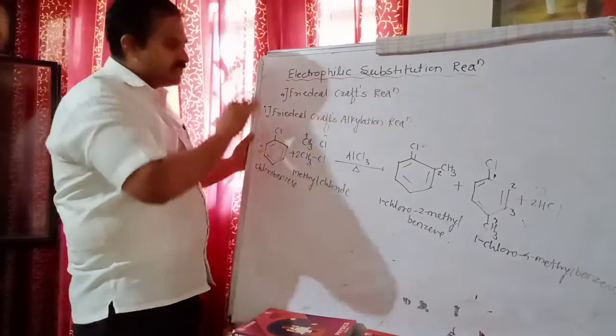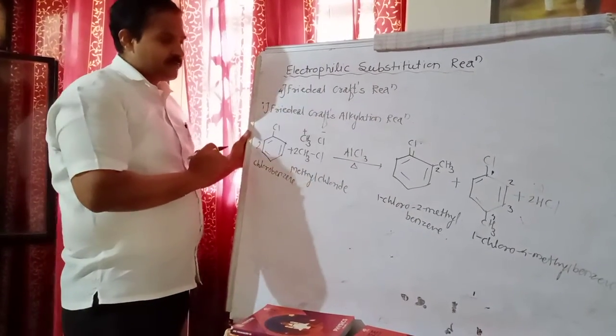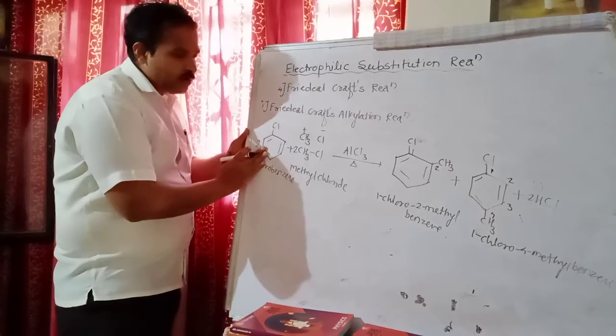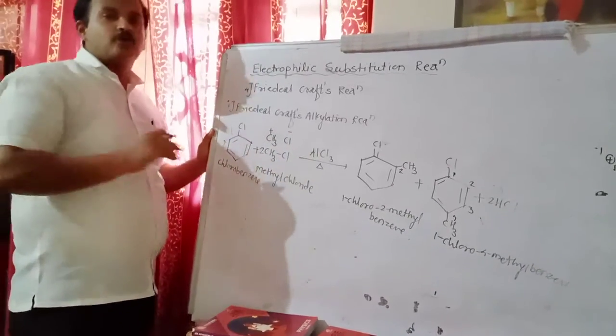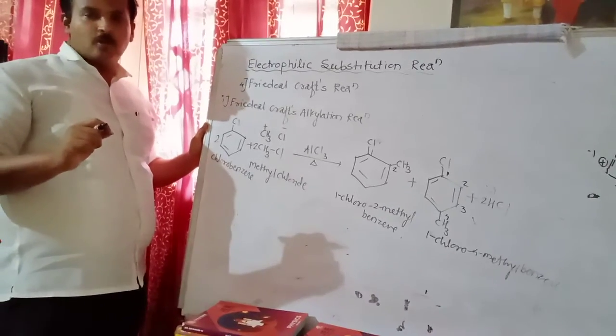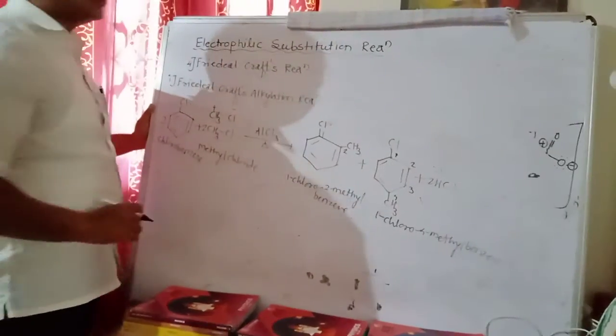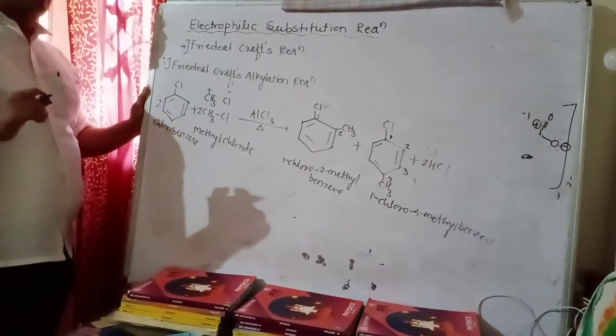What is the exact definition of the Friedel-Crafts alkylation reaction? When one hydrogen atom of benzene is substituted by an alkyl group, forming a new substituted product, this reaction is called the Friedel-Crafts alkylation reaction.